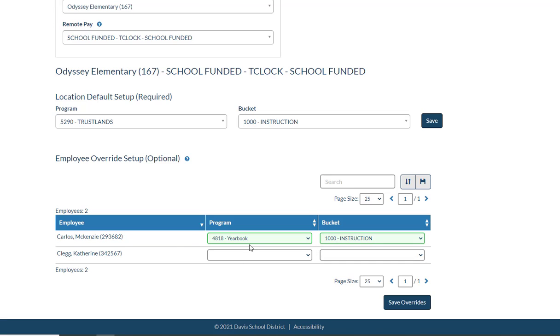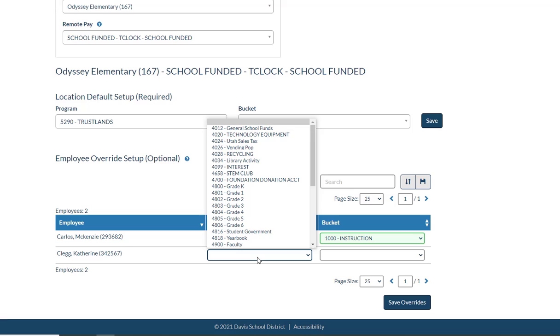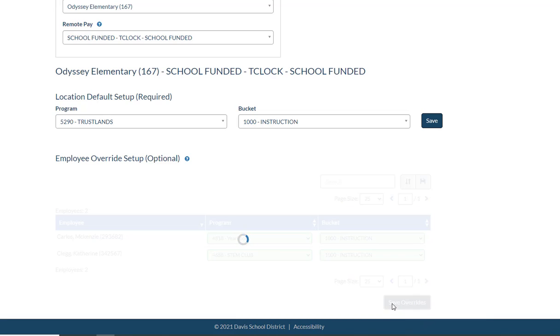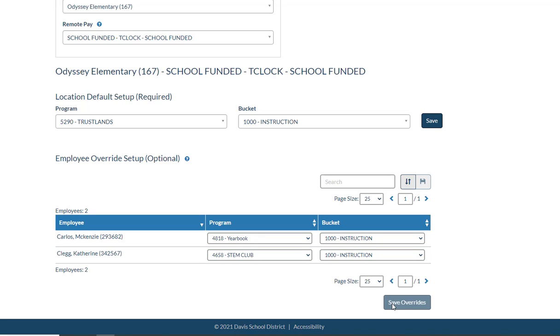Now this employee can be something different. Let's say she's working on the STEM club. So we're going to pay her out of STEM club, and it also defaulted. If you had a choice to choose something different, it would let you do that here. Then I'm going to save these. That means that when this person clocks into school funded, it's going to pay her out of yearbook, and it's going to pay the other one out of STEM club.